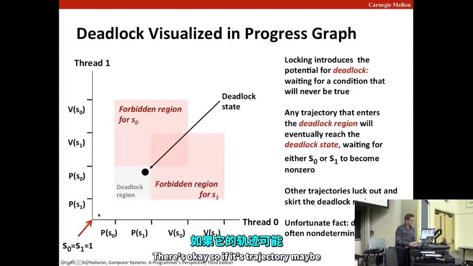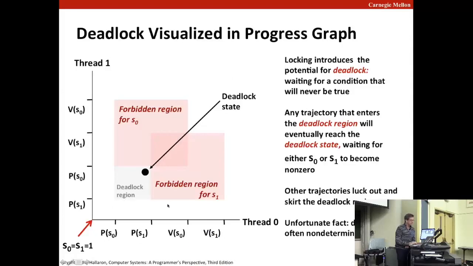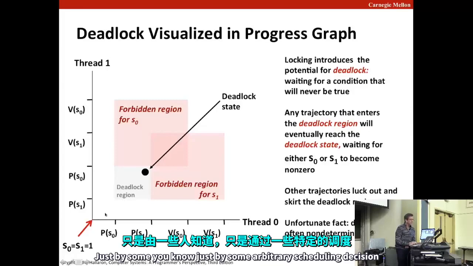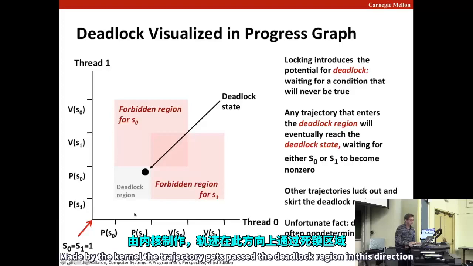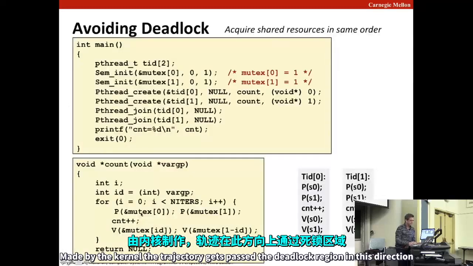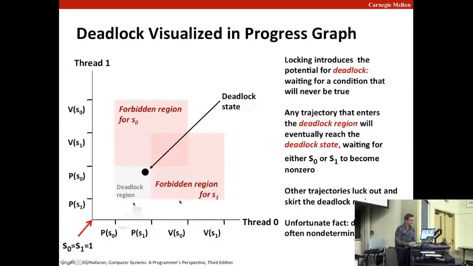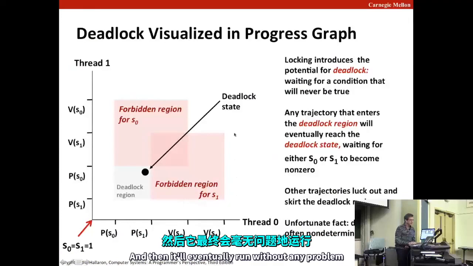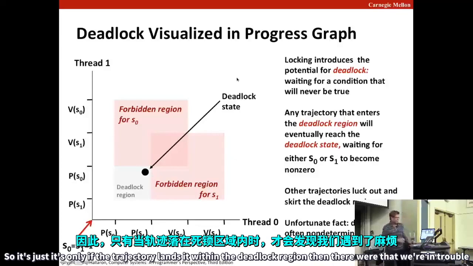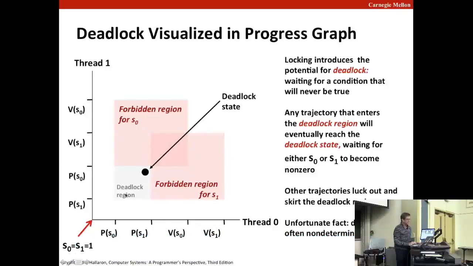If a trajectory, just by some arbitrary scheduling decision made by the kernel, gets past the deadlock region in this direction, then it'll eventually run without any problem. So it's only if a trajectory lands within the deadlock region that we're in trouble.